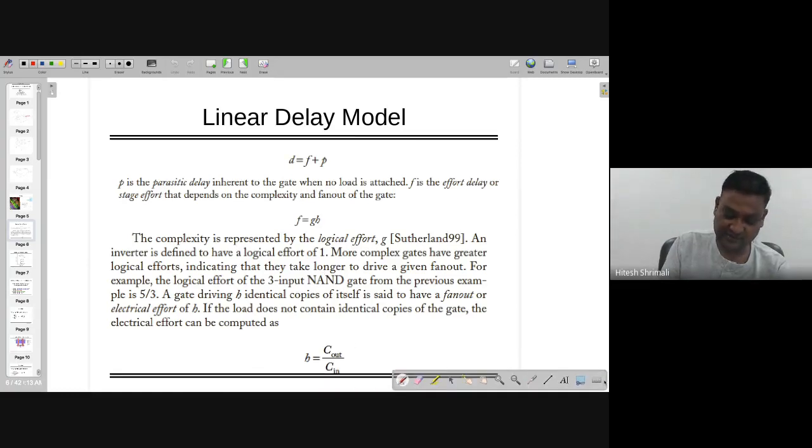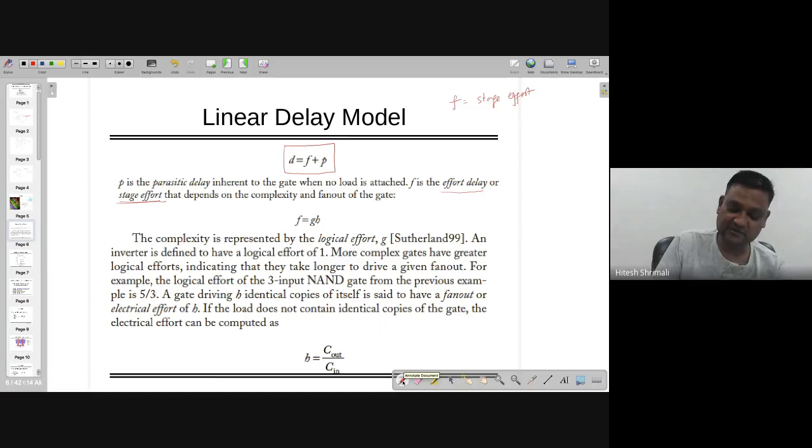What it says is D is equal to F plus P, where F is the stage effort, or you can say effort delay. I generally like to call it stage effort, so let's keep one name.